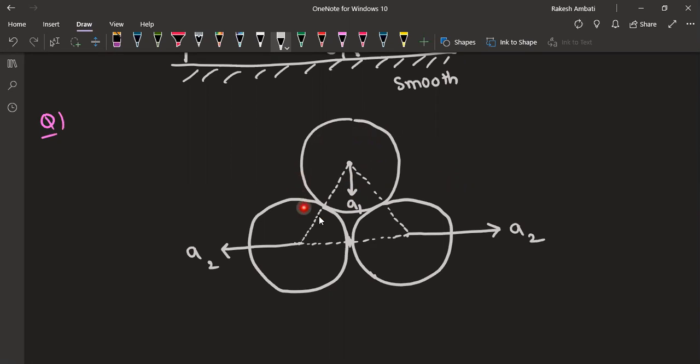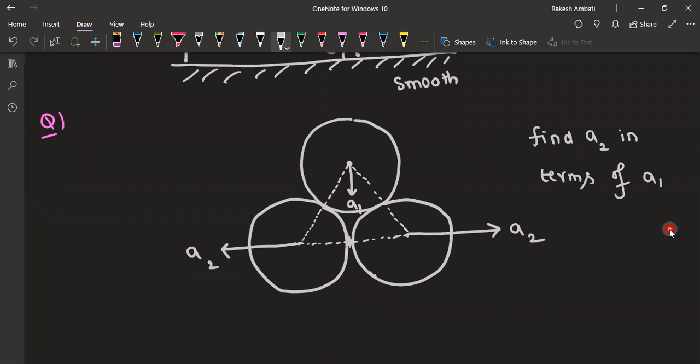So this sphere is moving down with acceleration a1, and the two spheres will move leftwards and rightwards with the same magnitude of acceleration. Find a2 in terms of a1.